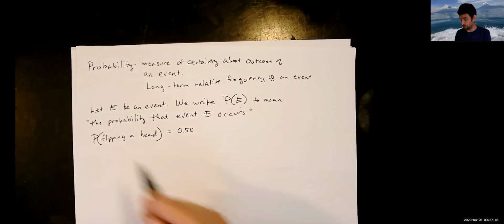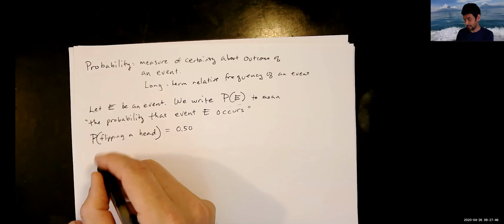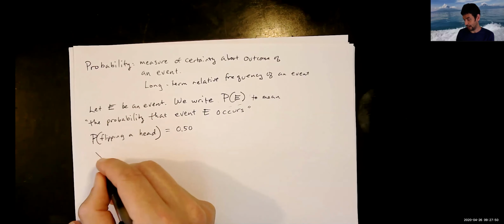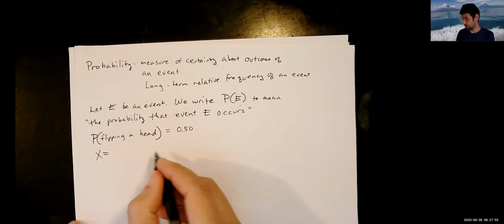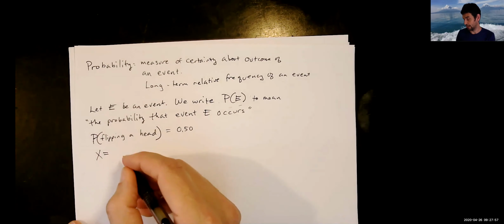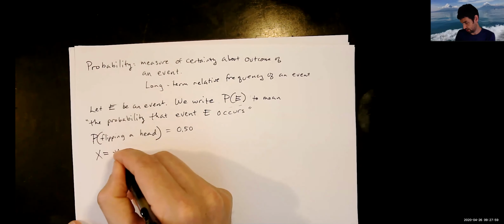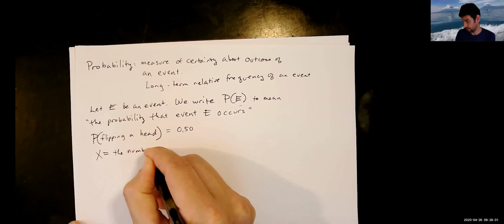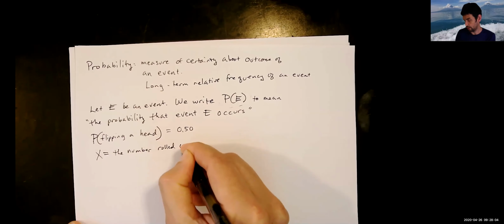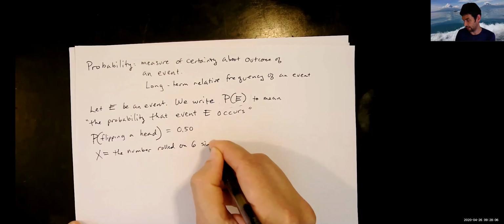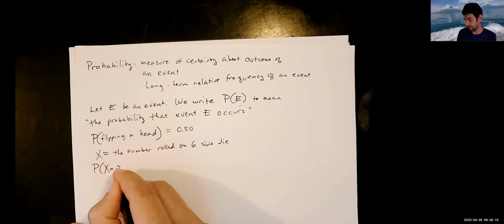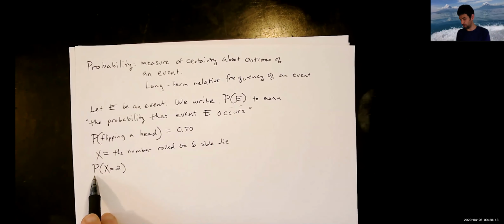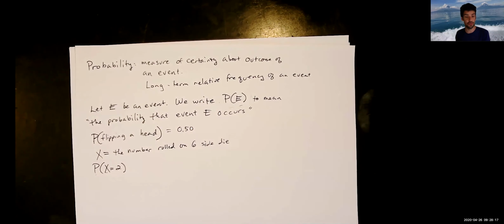A little later in the quarter, we'll do things like let x equal, let's say, the number rolled on a 6-sided die, and then we might write something like P of x equals 2, and this symbol will be the probability that the number rolled on a 6-sided die is 2.